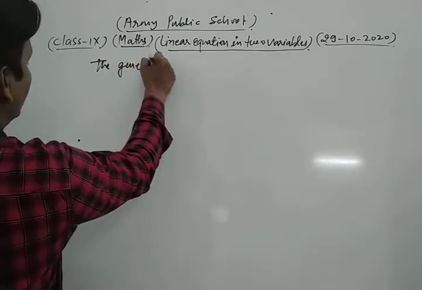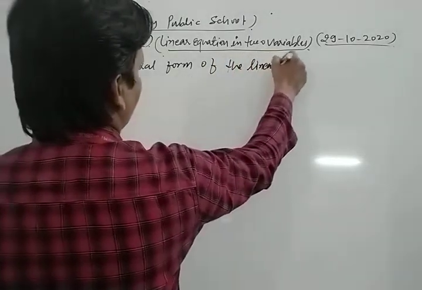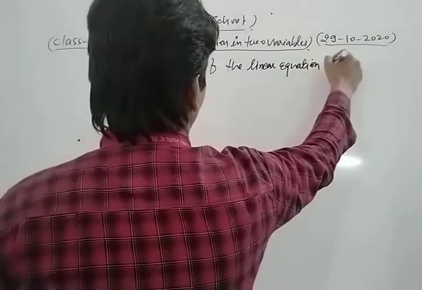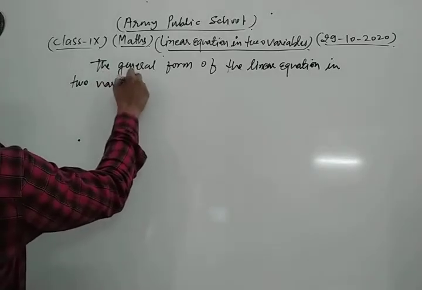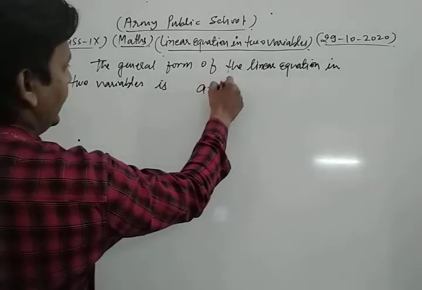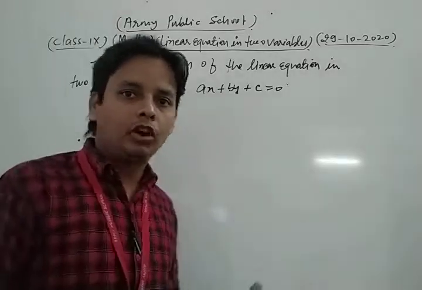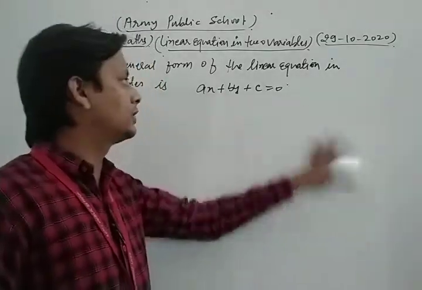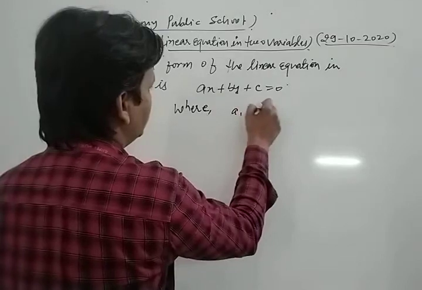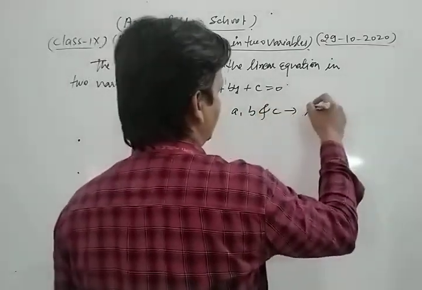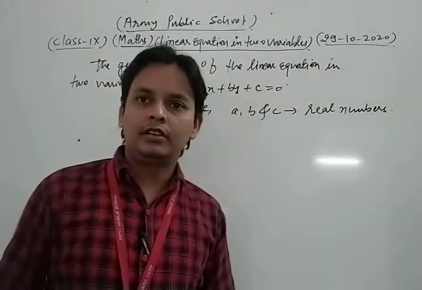The general form of the linear equation in two variables is ax plus by plus c is equal to 0, where a, b and c are real numbers.